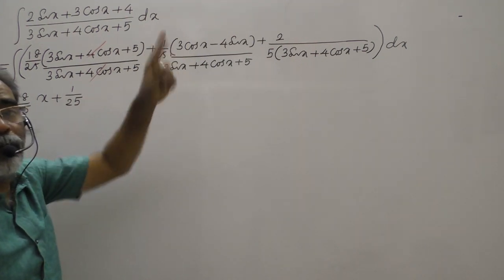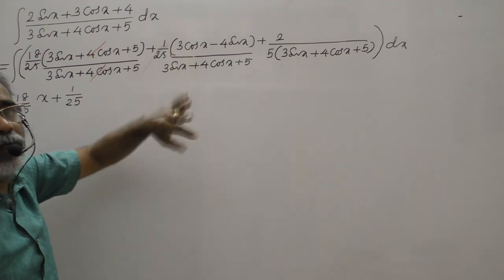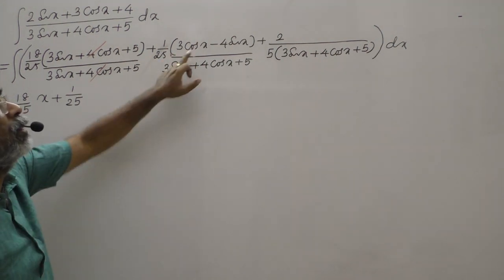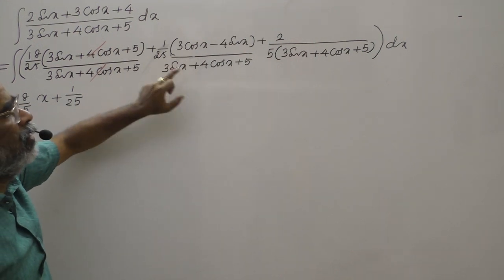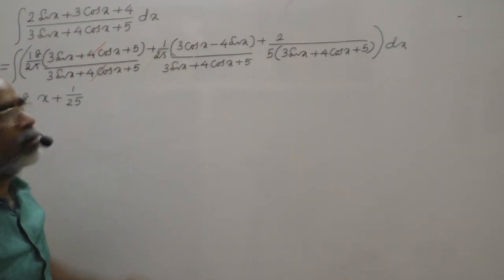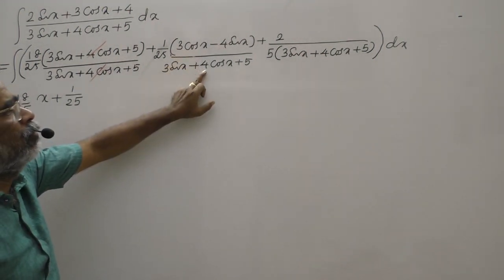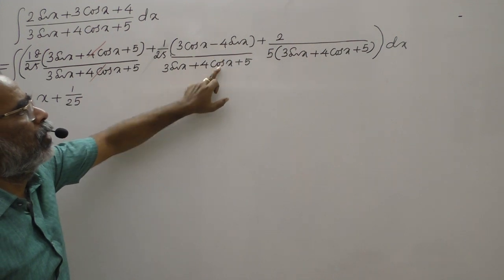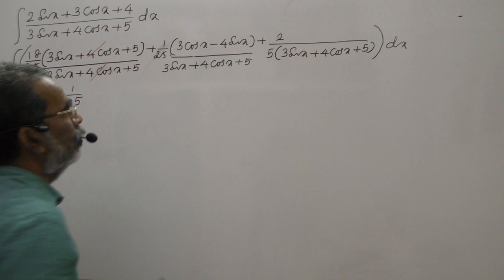In the procedure, what was the coefficient? What was the multiple of b? d by dx of the denominator. It is exactly the denominator of this: 3 sin x, derivative 3 cos x; 4 cos x, derivative minus 4 sin x; 5, derivative 0.